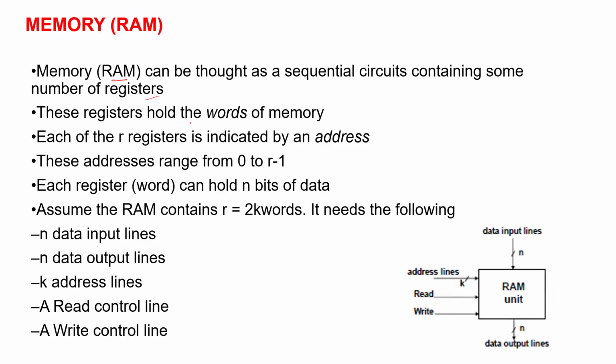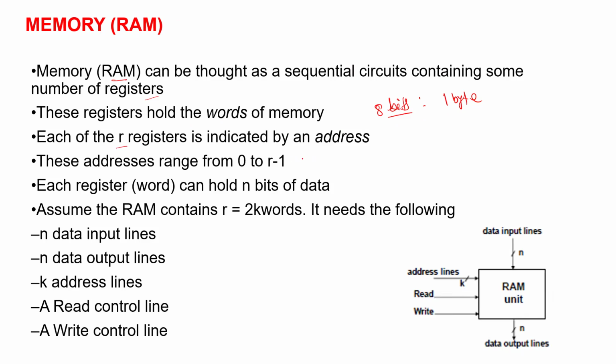These registers hold some bits, so what is the capacity? A combination of 4 bits is one nibble, and a combination of 8 bits is 1 byte. If a register has a capacity of 8 bits, it can hold 1 byte of information. Each register is indicated by an address.